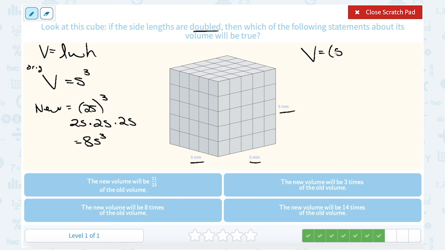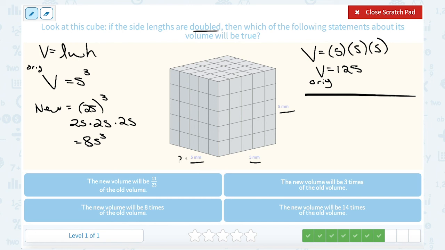So my original one was 5 times 5 times 5. Okay, so if you multiply that out, 5 times 5 is 25, times 5 again gives me 125. So that was my original volume. If I were to double each of the sides, right?